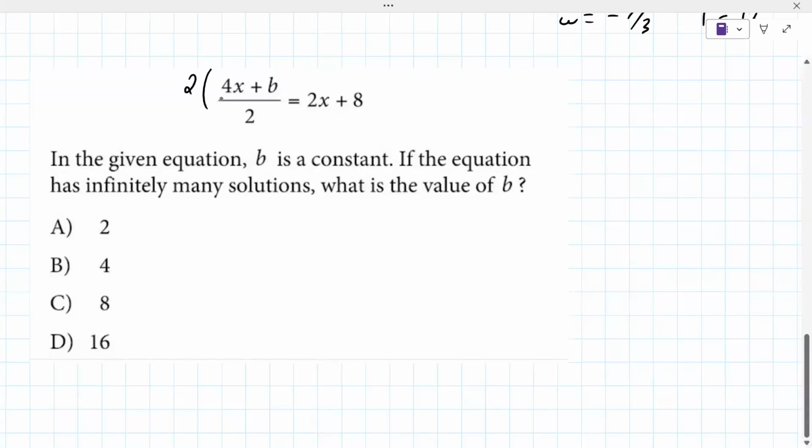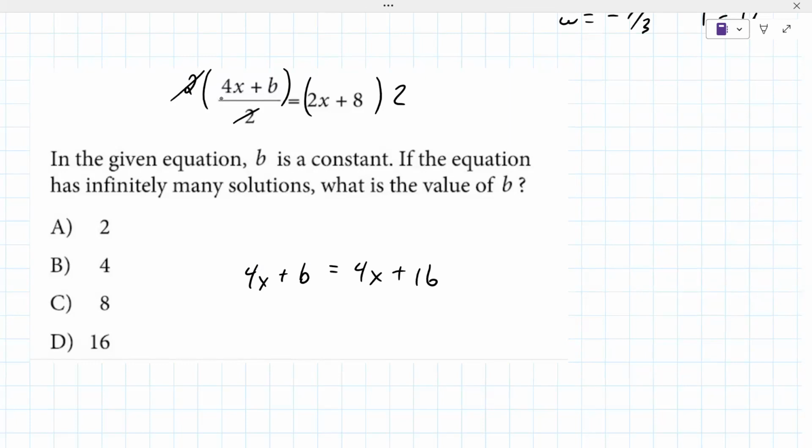Okay, I agree. That's a good thing to do. However, there is an alternative way to do it. But if you do that, you get 4x plus b equals 4x plus, is it not 16, 2b? No, because you need to clear out. Oh yeah, that might change your answer.